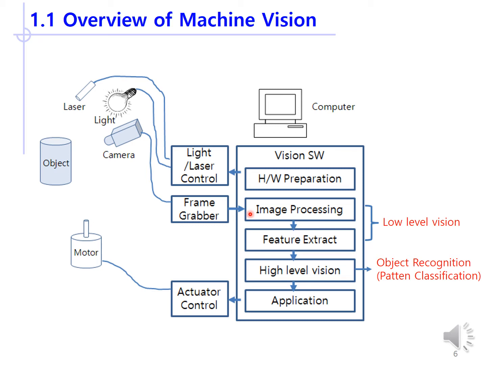The image processing step can enhance the quality of the digital image by eliminating noise and balancing the contrast, etc. Then segmentation and feature extraction are performed.